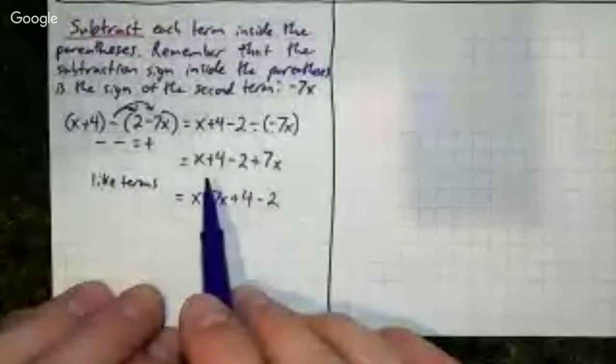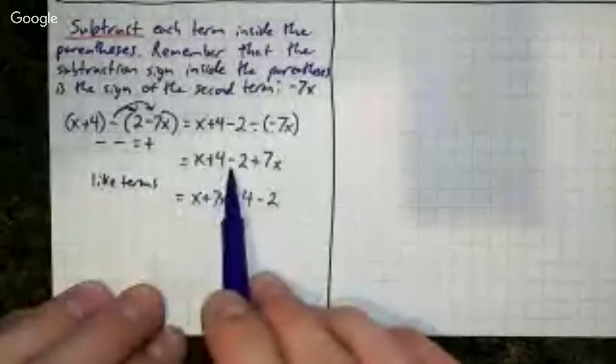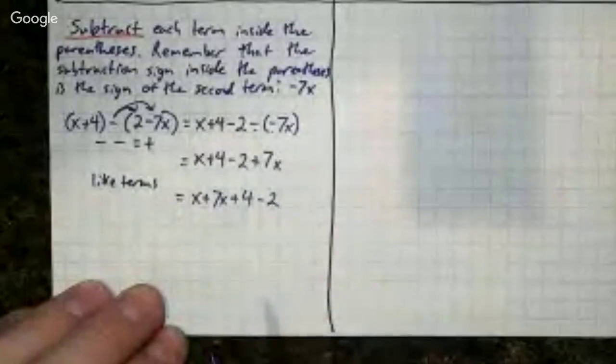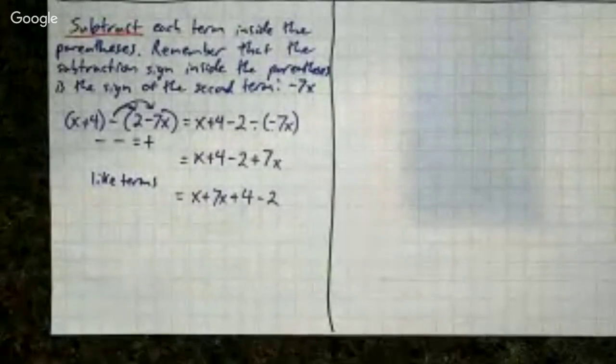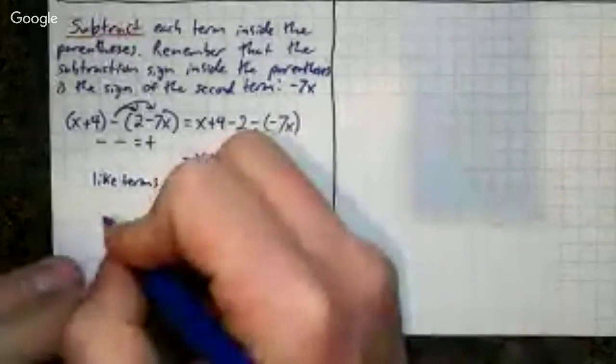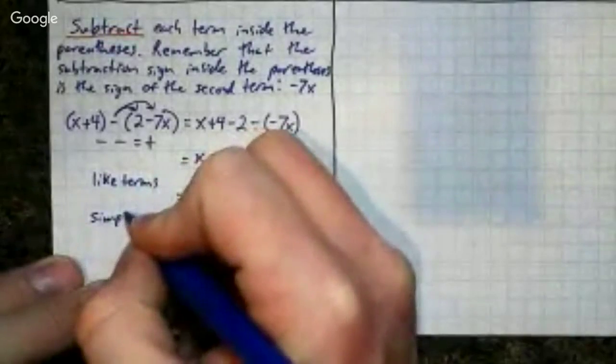So this is a positive x because there's nothing there. This is a positive 4, negative 2, and a positive 7x. Okay, the last step we really need to do is simply to simplify.